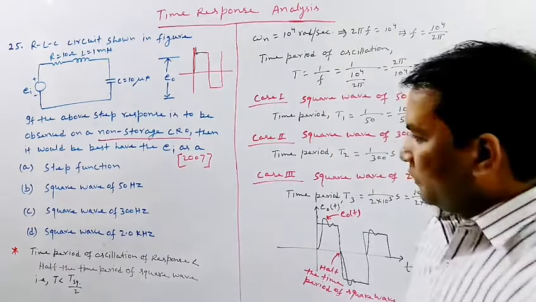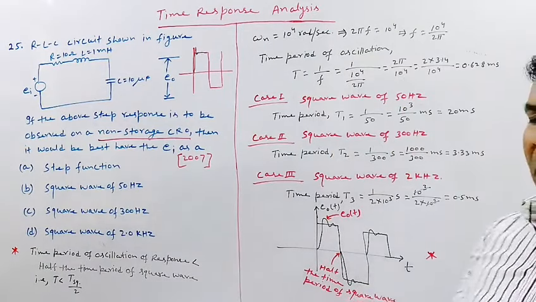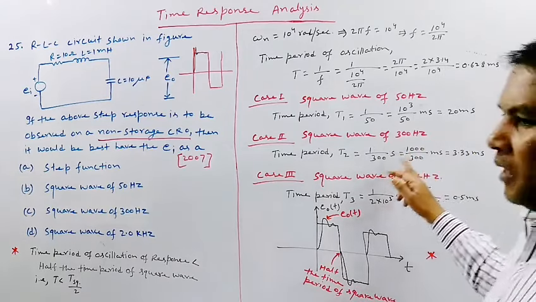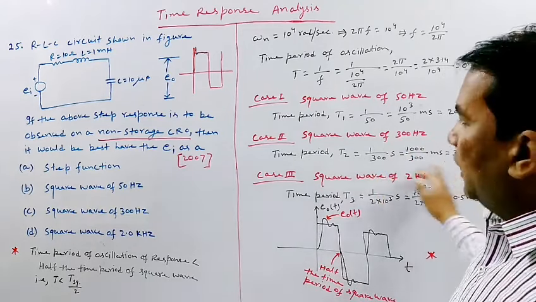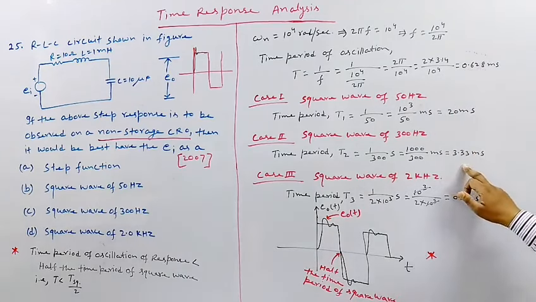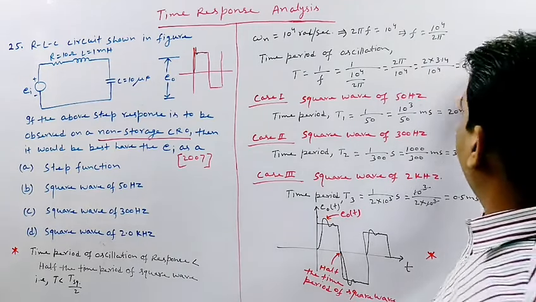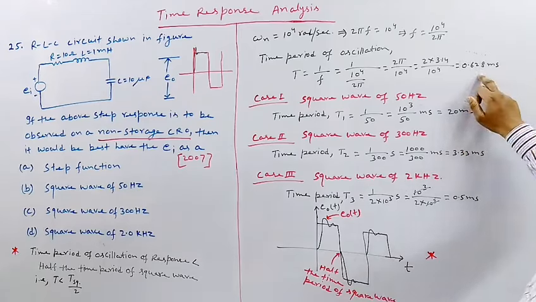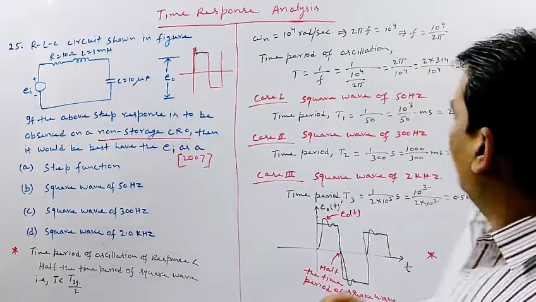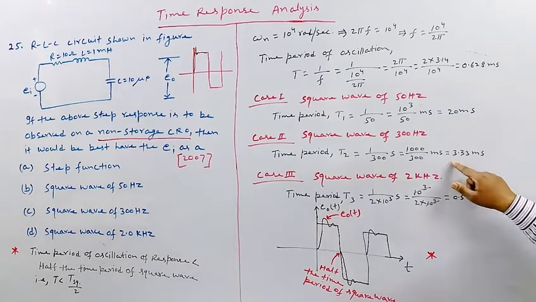So the requirement is that half of the time period of a square wave must be greater than, and must be comparable with, the time period of oscillation of the response.